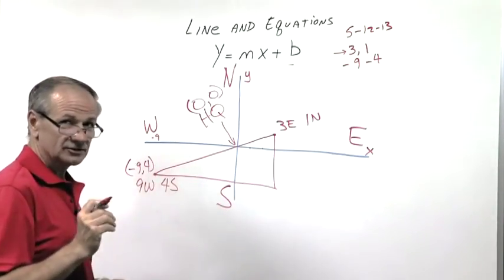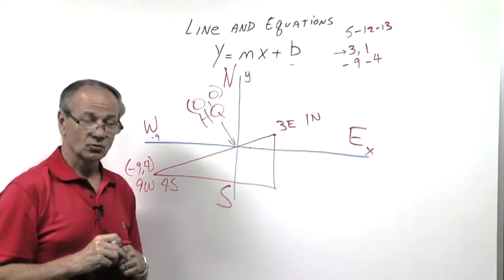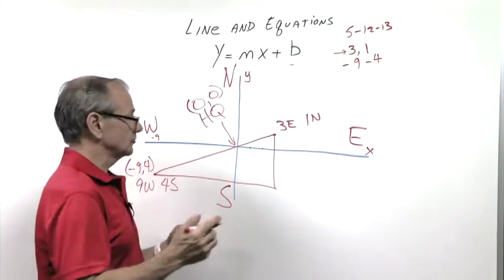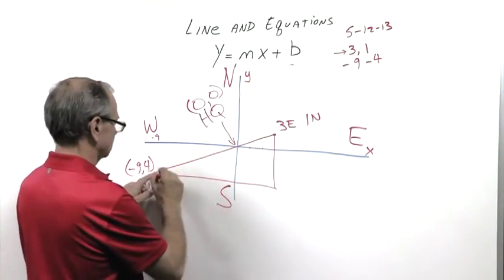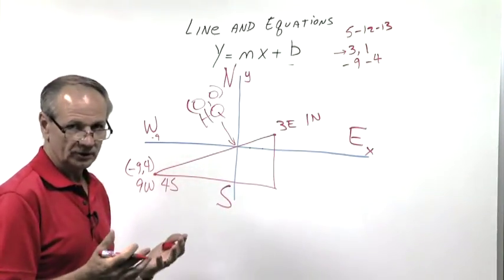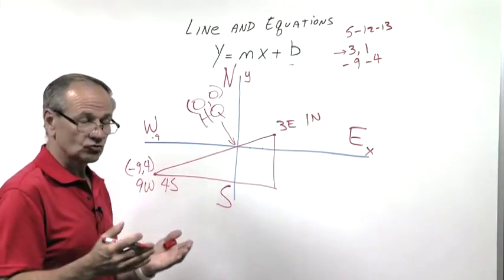Most of the time, the ACT sets this up so that you're going to get numbers that match with your 5, 12, 13 or your 3, 4, 5 triangles. So if you look at that, to get this distance here, you would usually be using a distance formula. But I like to make things easy, so I want to use my triangles.